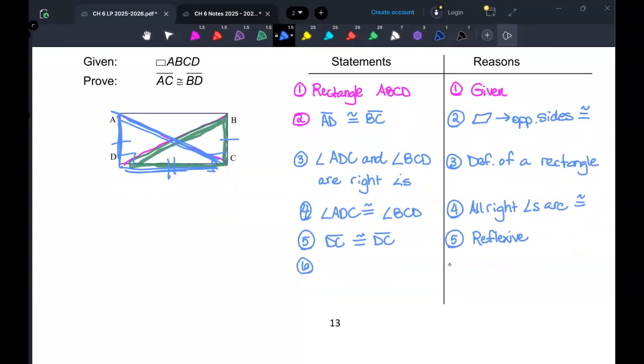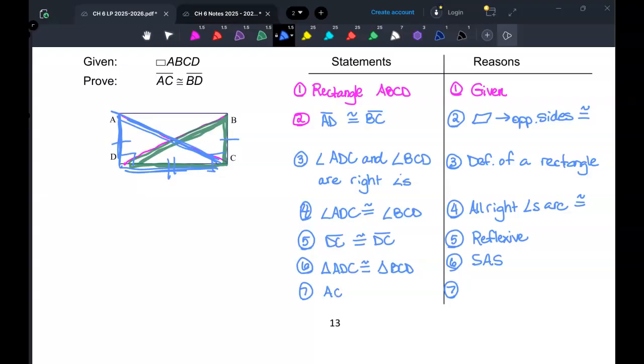Okay, we're almost there. We have just two more steps. Can we prove the triangles are congruent? Yes. Okay, what's the reason that the two triangles are congruent? So I have triangle ADC congruent to triangle BCD. Reason: side angle side.